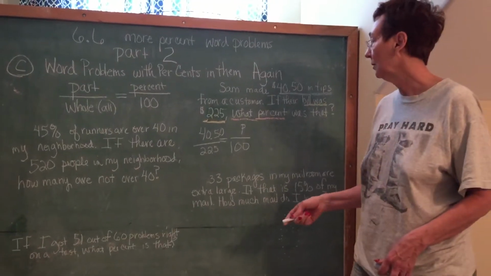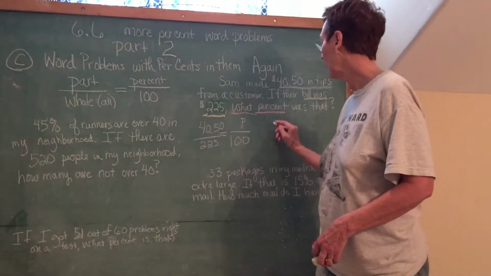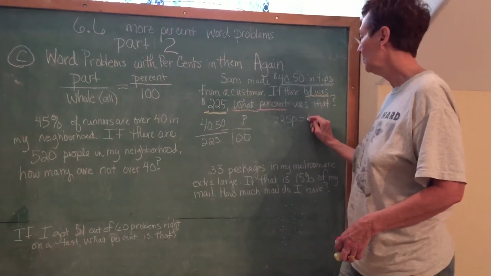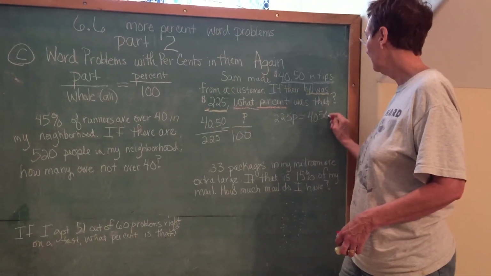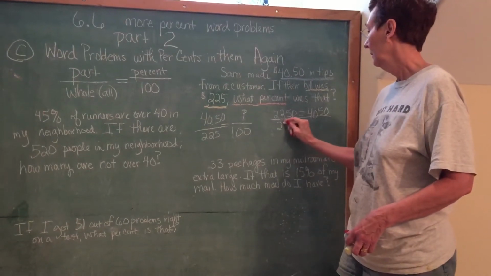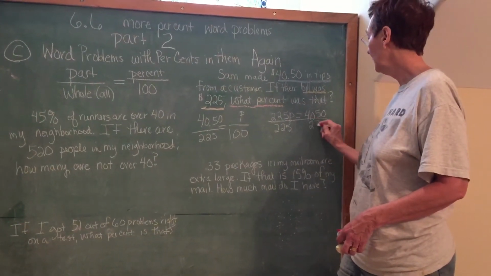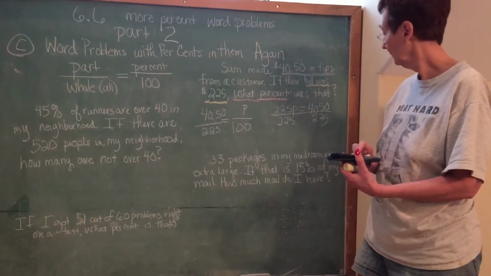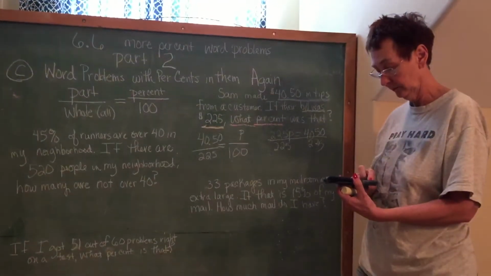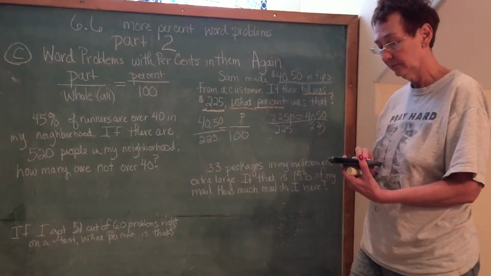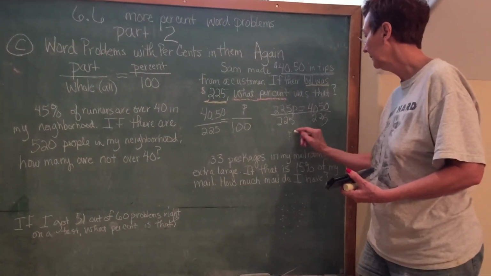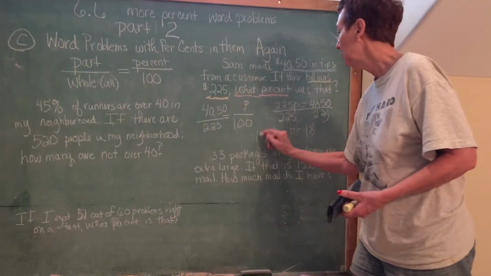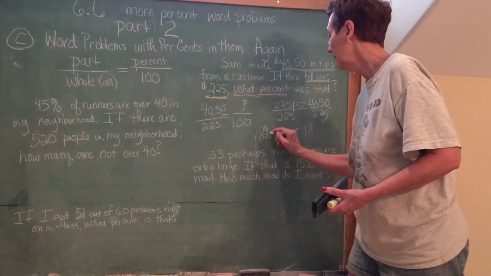When I cross multiply, I have 225p is equal to 40.50. Divide by 225, and I get 0.18. We were looking for percent, remember? So my answer is 18%.